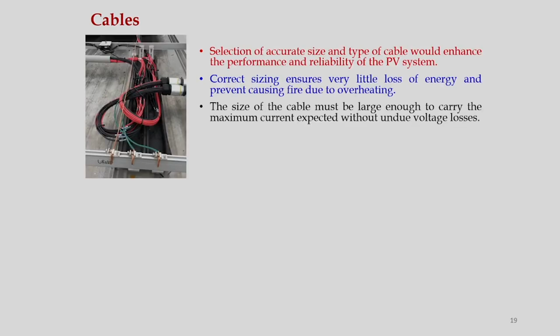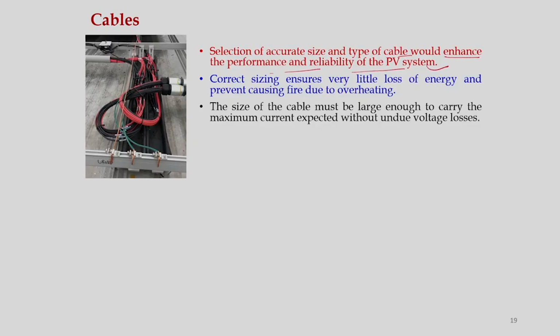Now, let us learn something about the kind of cables used in a grid connected PV system. The selection of cable plays a key role in the proper functioning of a grid connected PV system. The selection of the accurate size and type of cable would enhance the performance and reliability of the PV system.